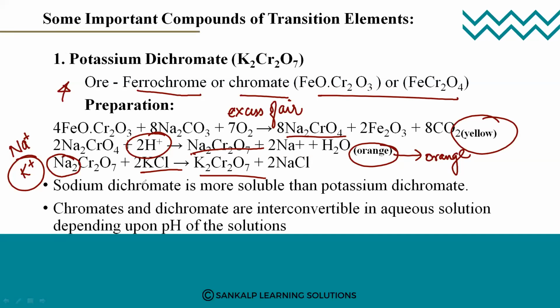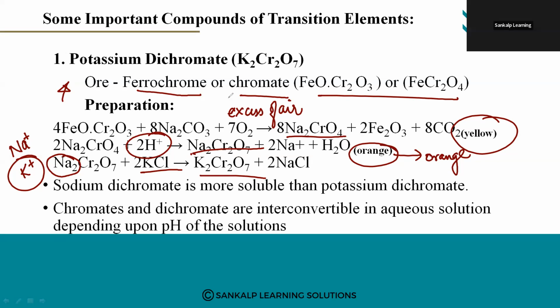You can see a displacement reaction is taking place. Sodium dichromate is more soluble than potassium dichromate. The second property is that chromates and dichromates are interconvertible in aqueous solution depending upon the pH of the solution.